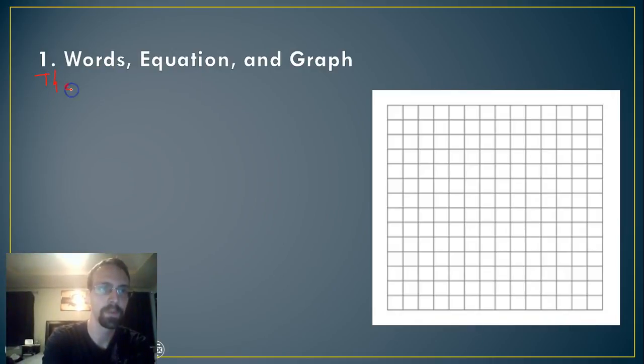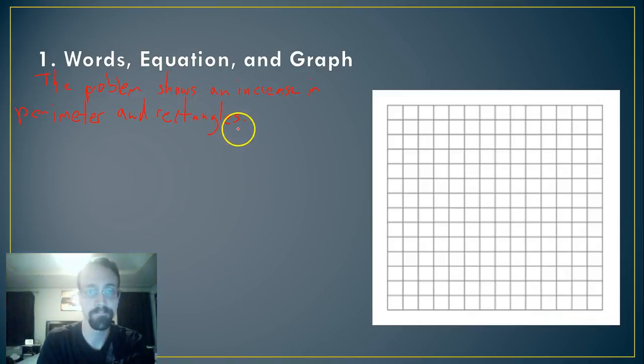So the problem shows an increase in perimeter and rectangles. All right, so that's kind of the introduction at one rectangle.